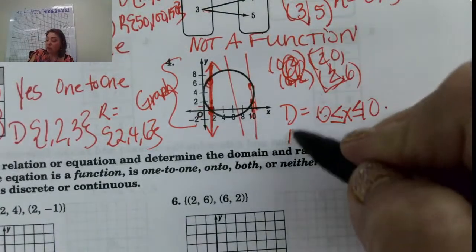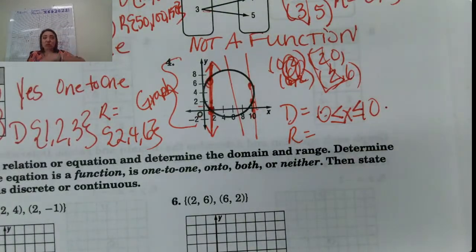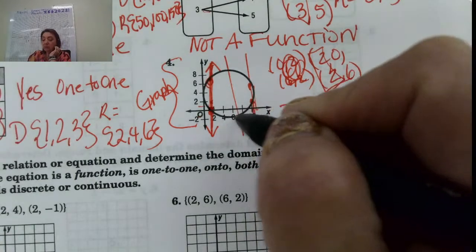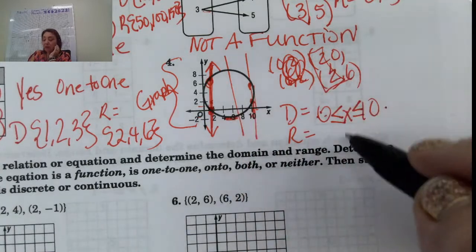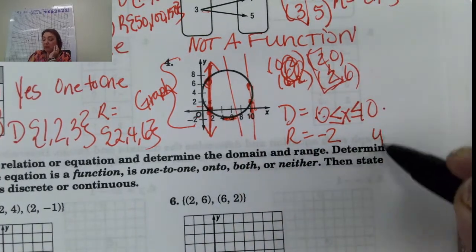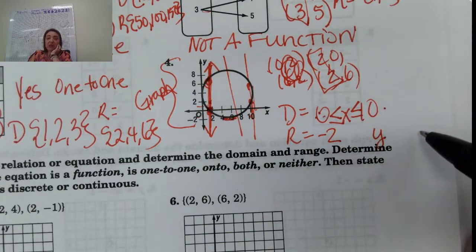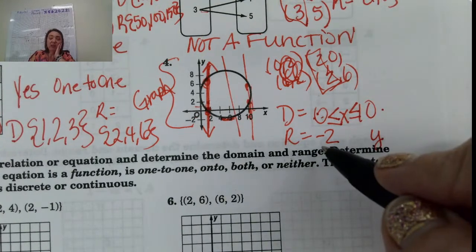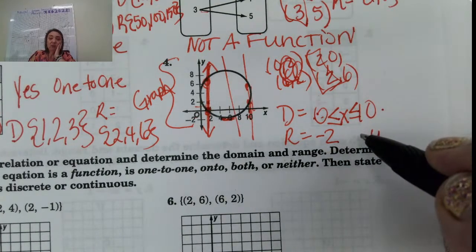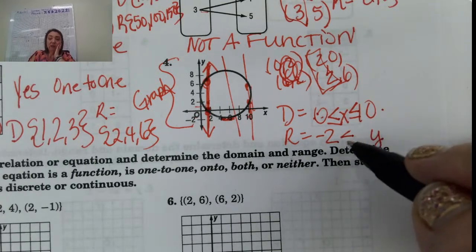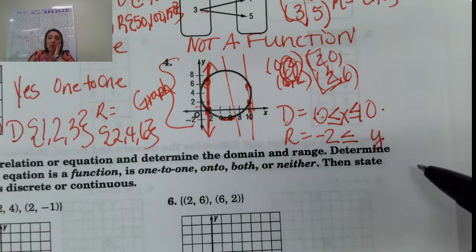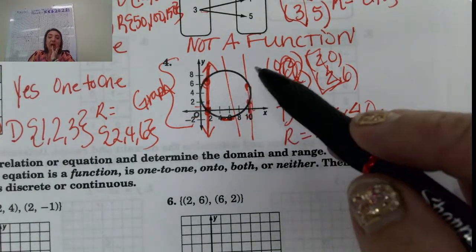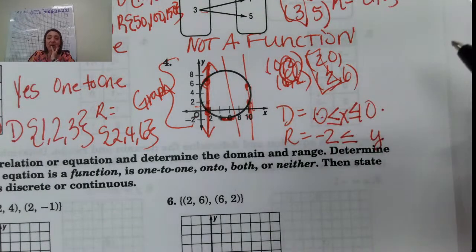Okay, what would our range be on this? What is our smallest y value? What is the lowest we can go? How low can you go? 0. -2 right there, right? So that's going to be our bottom limit. This is our y values, not our x's. So what does it have to be to -2? Greater than or equal to. What about our highest? How high can we go?